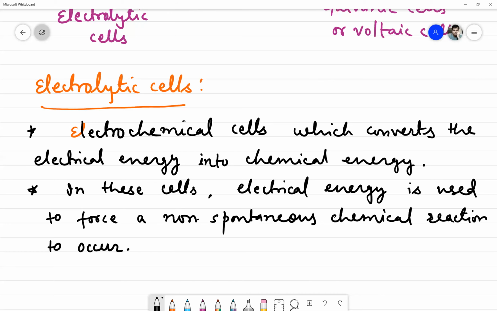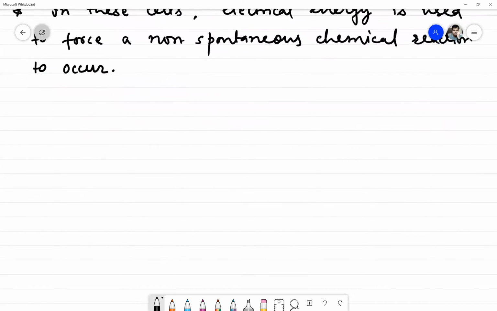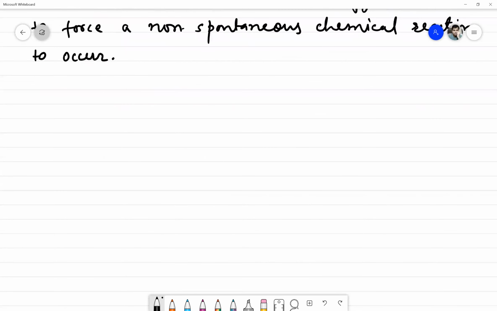All right, now we will have a look at the different components of an electrolytic cell. So here first let me draw the diagram of an electrolytic cell. So an electrolytic cell consists of a container, and two electrodes are dipped in the electrolytic solution taken in this container.